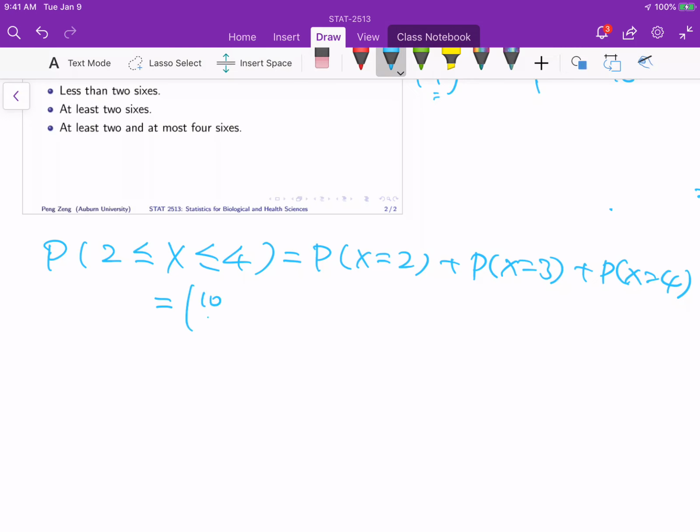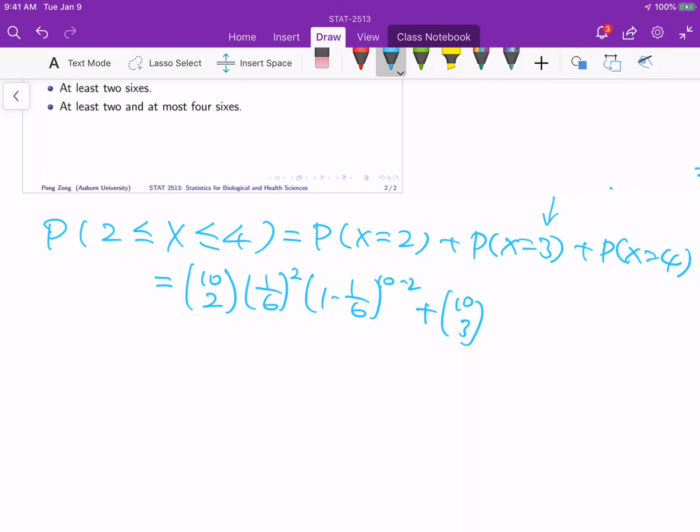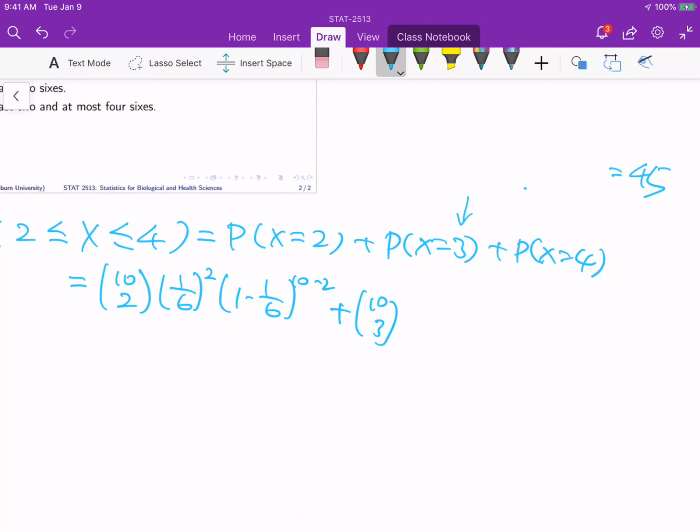So 10 choose 2, 1 over 6 to the power of 2, 1 minus 1 over 6 to the power of 10 minus 2, plus 10 choose 3, because this 3 is just the k in the formula for the probability mass function, right?